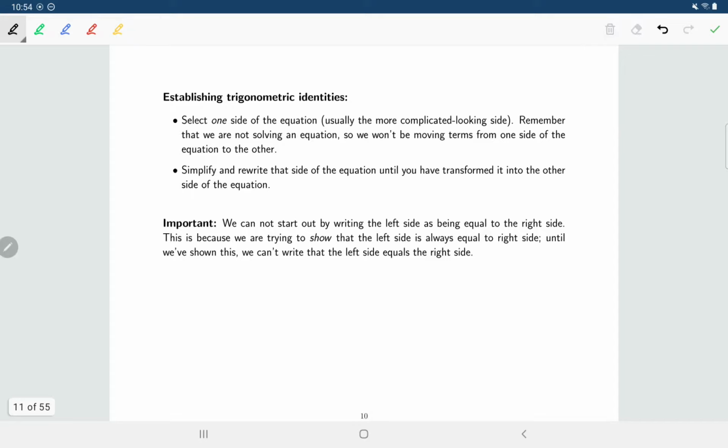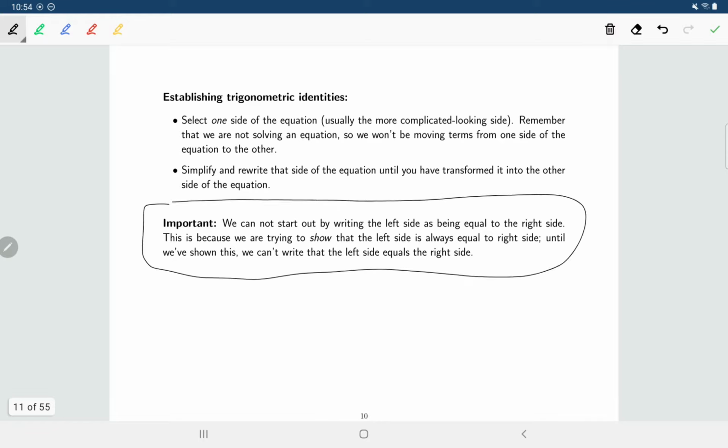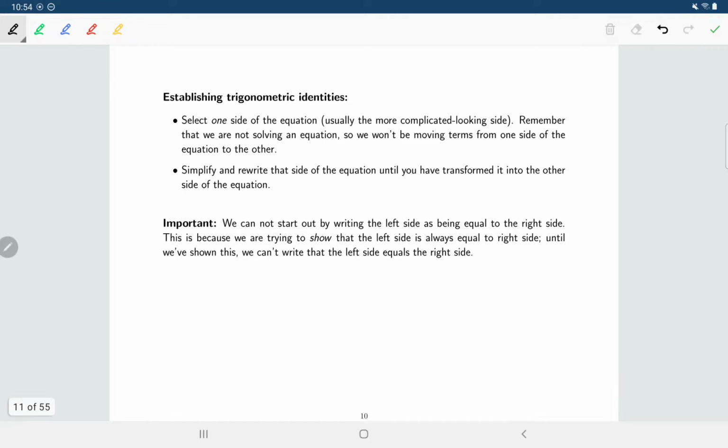We do have to be careful here. We're not going to start out with saying that the left side and the right side are equal and then moving things around, because that's assuming that the left side and the right side are equal to each other. So whenever we're establishing identities, we're always working with one side at a time.